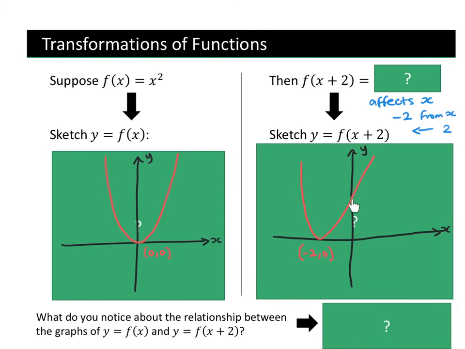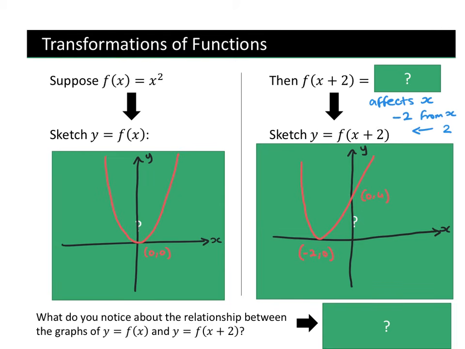Okay, well, it's nice and easy. If you think, this would have been 2 across, so this would have been 4, because 2 squared is 4, and the function is x squared. So this now becomes 0, 4, okay?